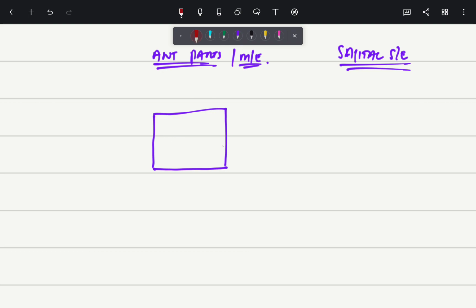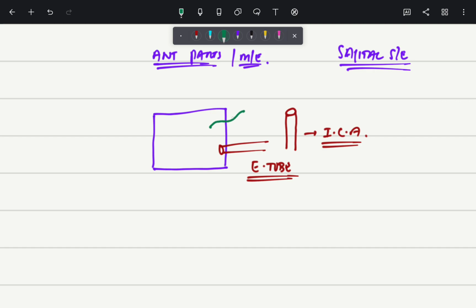Usually we have a tube passing in the anterior part of your middle ear, and this tube is called your eustachian tube. Not only that, we have an artery passing in the anterior part of the middle ear, which is called your internal carotid artery. And aside from that, there is a muscle which is passing.